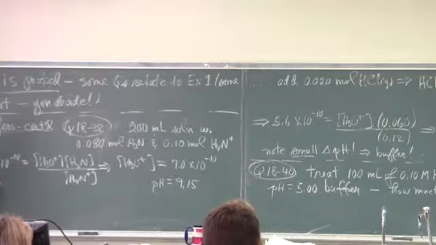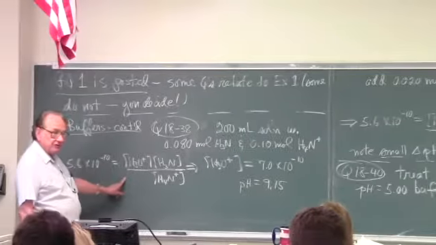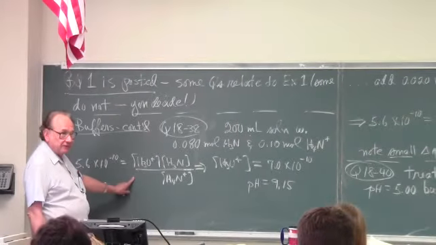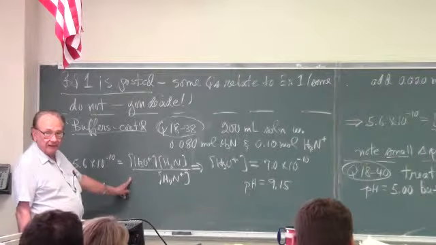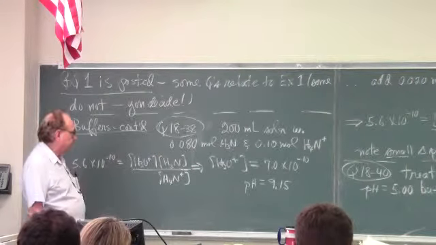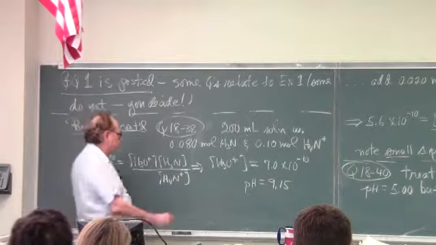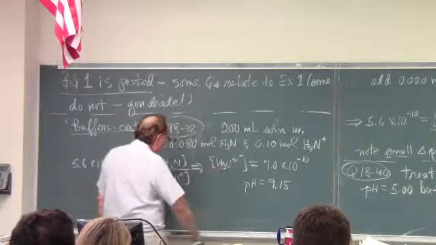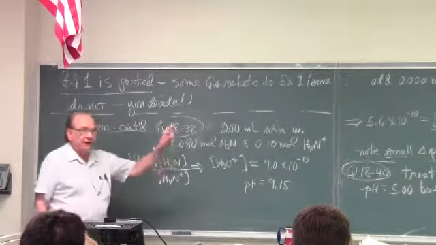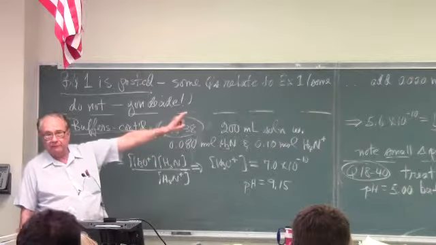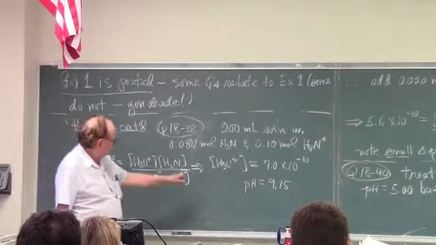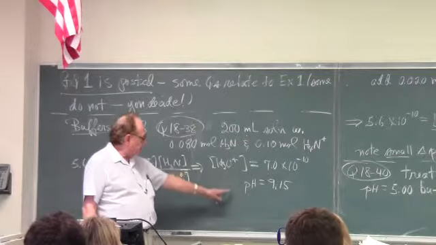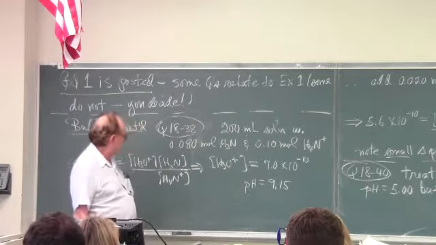So, here's Ka ammonium ion. This, of course, is the equilibrium constant expression for the reaction of ammonium ion with water. Double arrows, hydronium ion and ammonia. And prior to treating with the 0.020 mole of HCl gas, here's the hydronium ion concentration and the corresponding pH.